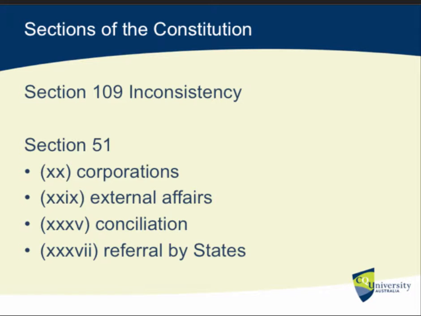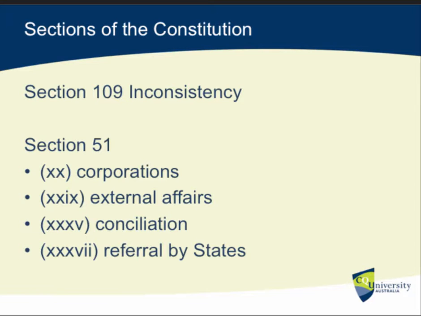So if a state law is inconsistent with the Commonwealth law, the Commonwealth law is automatically going to prevail to the extent of the inconsistency. In reality, that usually means when the Commonwealth makes a law on a topic, all of the state laws disappear. Have a look at Section 51 of the Constitution, particularly subsections 20, 29, 35 and 37.